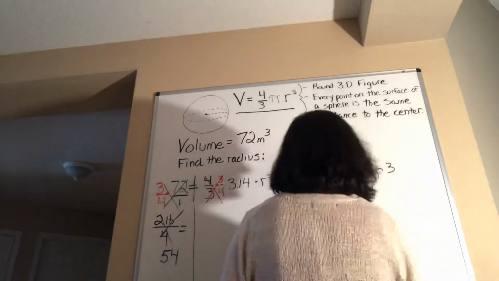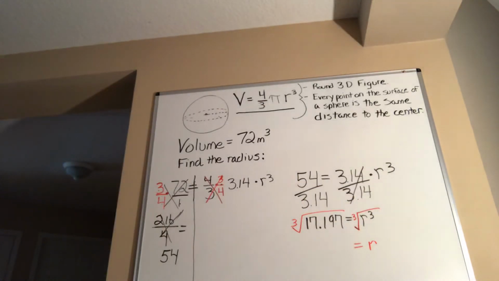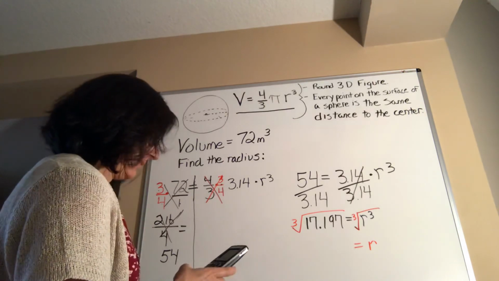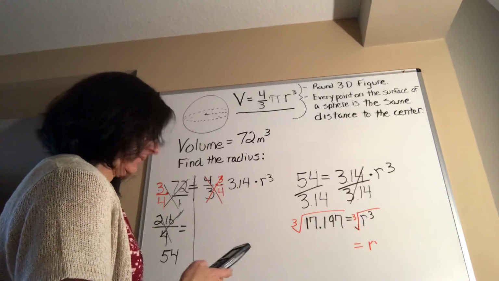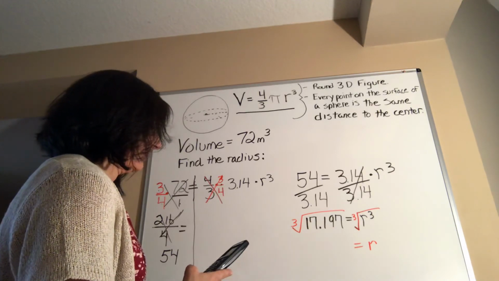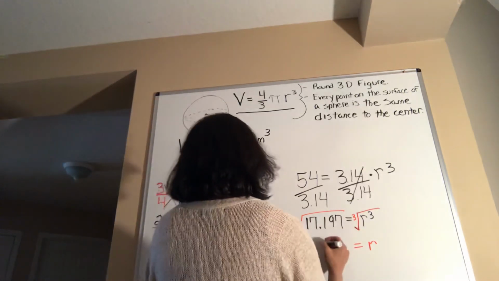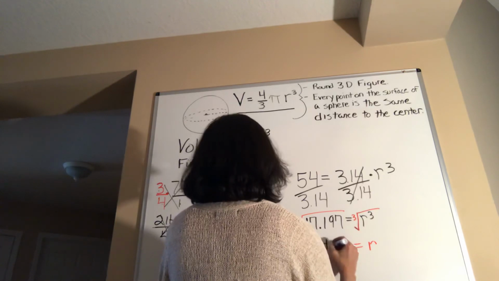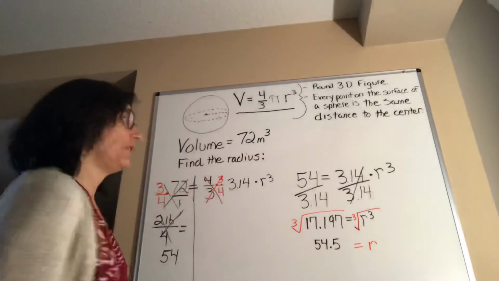And we end up with just r on this side. And r equals 54.5. Your radius is 54.5.